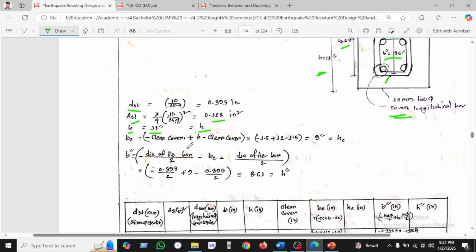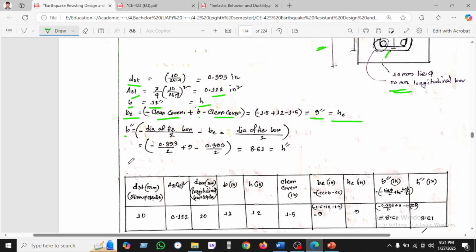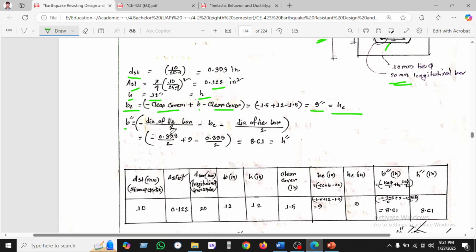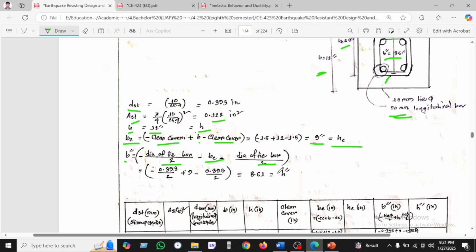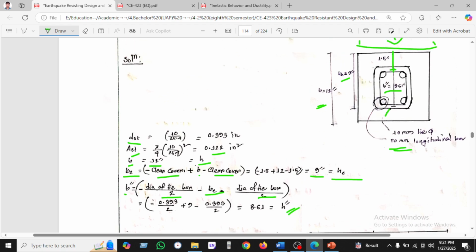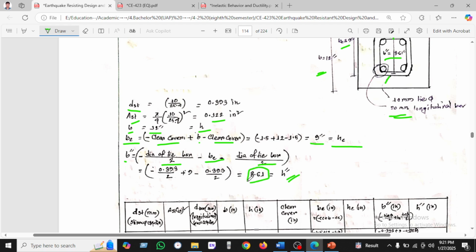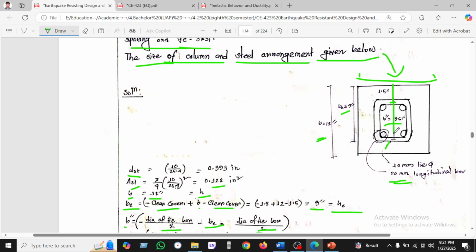And BC is B minus clear cover, and AC is the same, which is 9, and B double prime is minus dia of tie divided by 2 here, and minus BC. This is also called AC, which is found 8.61.